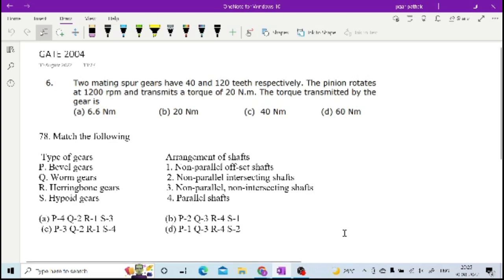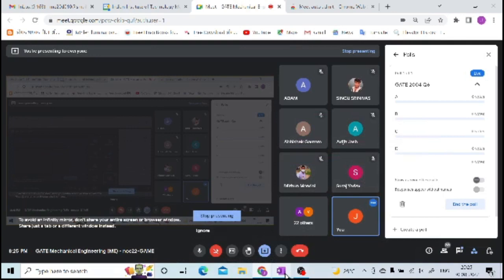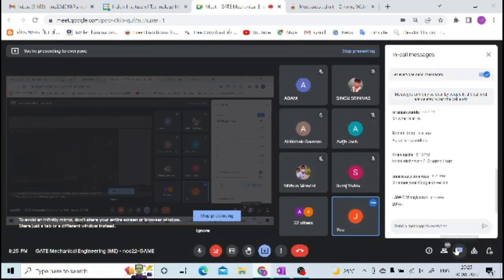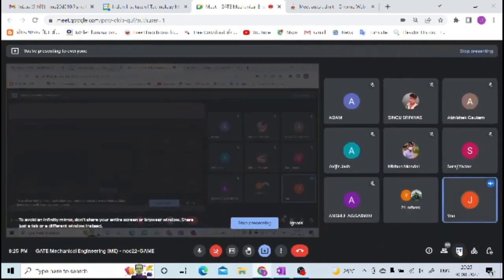Everyone is getting the same. I hope so. Let me check whether the answer is there. You can type in your answer through poll also. Then I should end the poll.